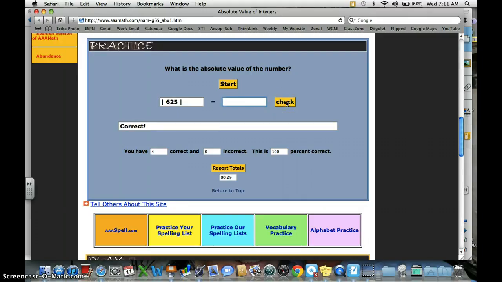The absolute value of 625 is 625. Let's see. The absolute value of 308 is 308. The absolute value of -241 is 241. And you can just keep going and making sure that you're doing the right things.